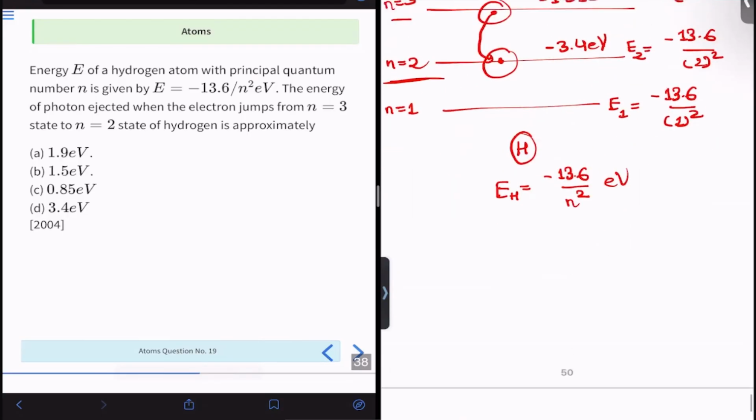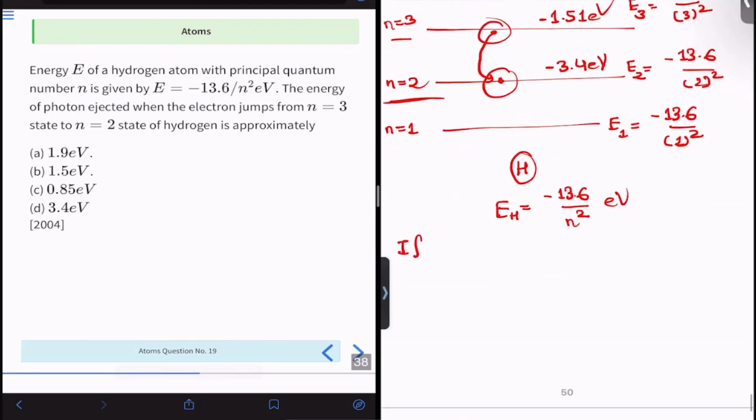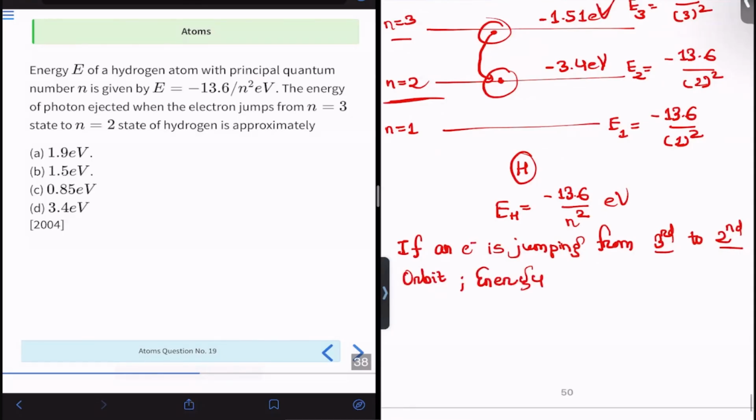If I'll write it for you: if an electron is jumping from the third to the second orbit, what will be the energy emitted? Energy emitted will be equal to energy of the third orbit minus energy of the second orbit.